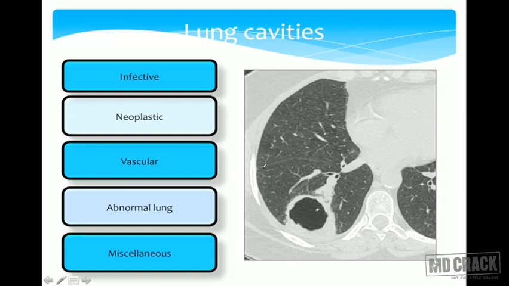The causes can be multiple, which include infective, neoplastic, vascular, abnormal lung, or even miscellaneous. So as a radiologist, we try to identify the cavity. Is it thick-walled? Is it thin-walled? What I see here is a mildly thick-walled cavity. What are the contents of the cavity? Is there fluid within it? Is there a mass within the cavity?